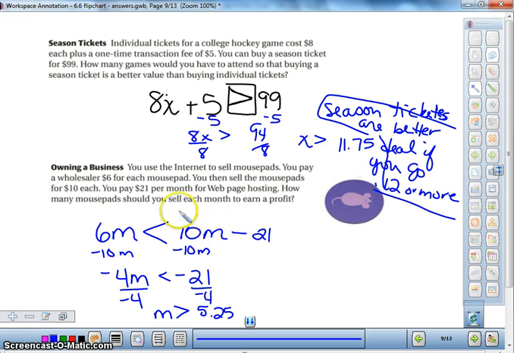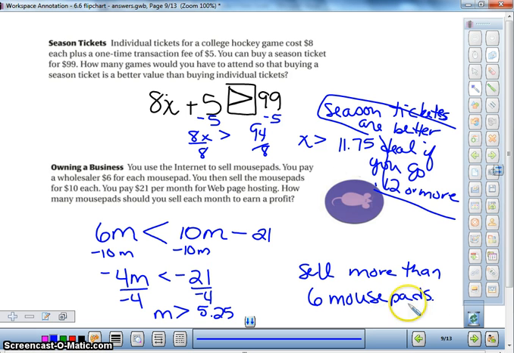So the question said, how many mouse pads should you sell each month to earn a profit? It's not going to be much of a profit, but we can't sell 5.25, so if you sell 6 mouse pads, we would then have a profit.